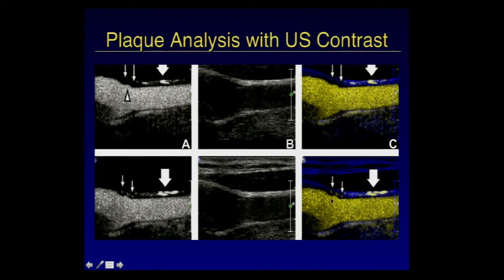Post-contrast there are little blips of contrast, so this plaque is being perfused, and we're able to see it with ultrasound contrast. Hopefully at some point this may add to our evaluation of which plaques need to be intervened on, or at least evaluated further and the patient watched more closely.